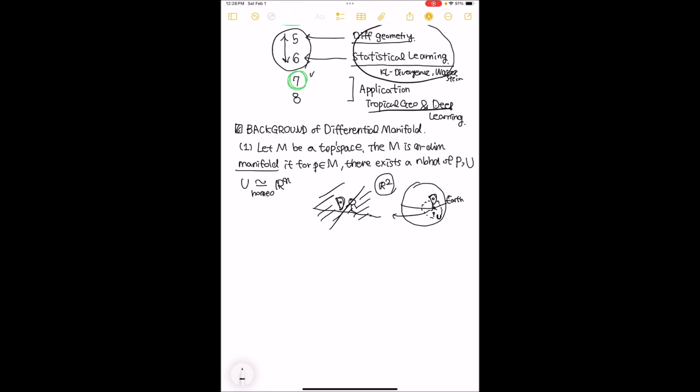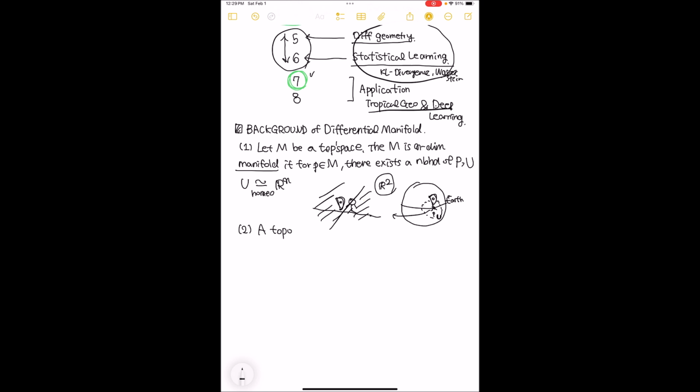But that is not interesting, because mathematically we cannot do anything with only this definition. So we add some conditions to this definition of a manifold.